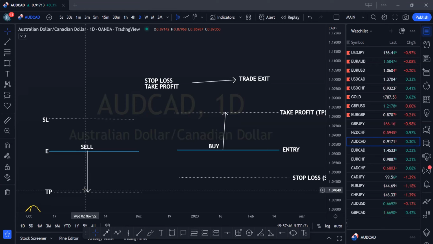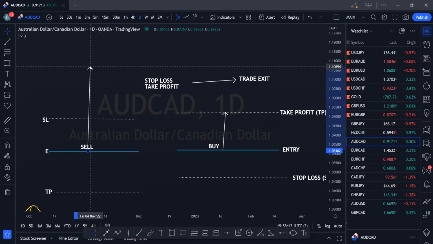Only on very, very exceptional times, whereby there is huge slippage or an aggressive move in the market, price might ignore your stop loss or take profit and just bounce off. It happens very, very rarely.